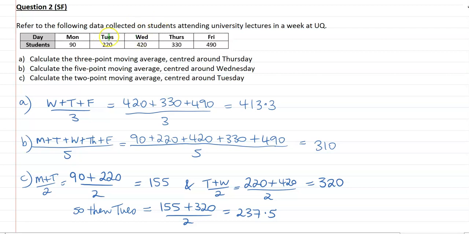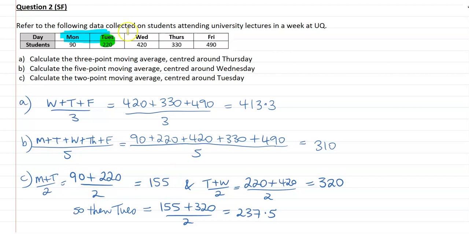For part C, calculating a 2-point moving average centered around Tuesday. So there's my center Tuesday. Remember, with my even point moving averages, this is a bit more complicated because firstly I have to average Monday and Tuesday. So you can see that I've done 90 plus 220 on 2 and I get 155.